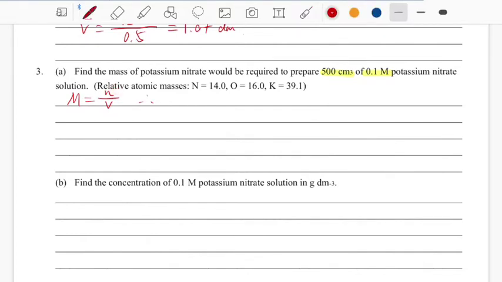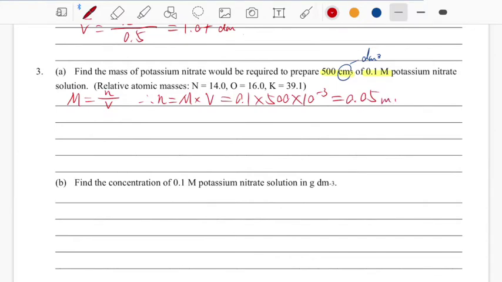If we rearrange that formula, number of mole should equal molarity multiplied by the volume. Molarity 0.1, we can directly use. But the volume is in cm cube, so we need to convert it into dm cube first. So 500 should be divided by 1000 to convert it into dm cube.